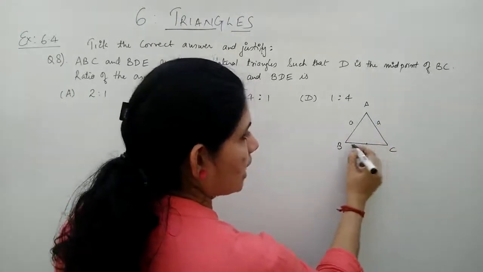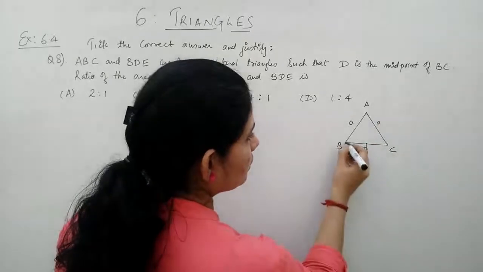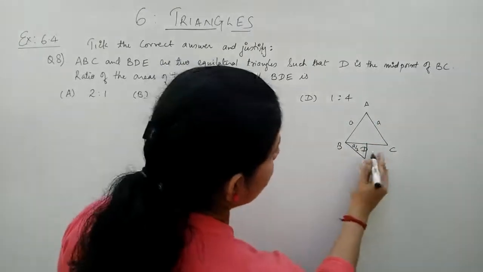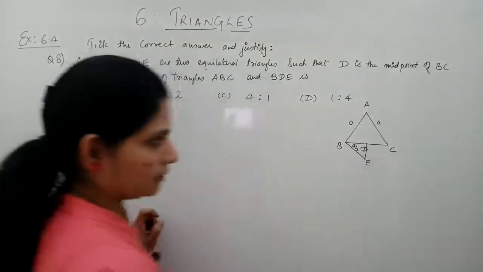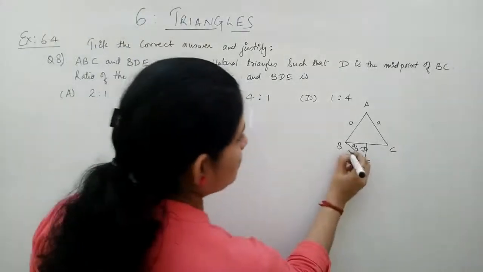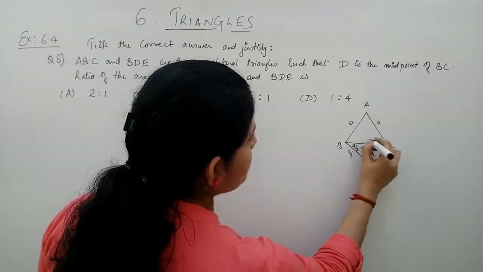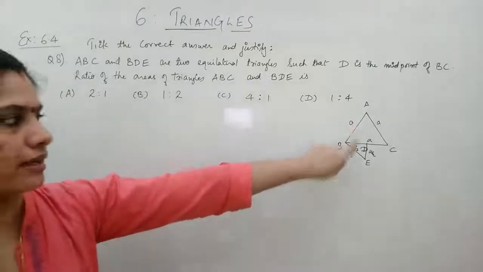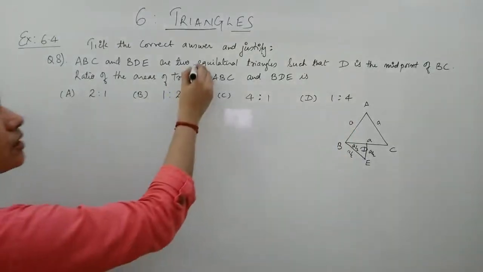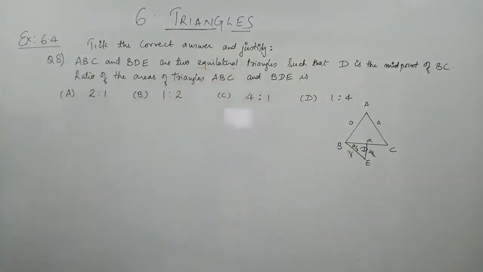That A by 2 should be for all the 3 sides, because this is also an equilateral triangle. So suppose this is E. Here also you will have A by 2, A by 2, and this is A. Clear? So these are the 2 triangles which we need. And since they are saying that they are equilateral triangles, we can just say that they are similar also.